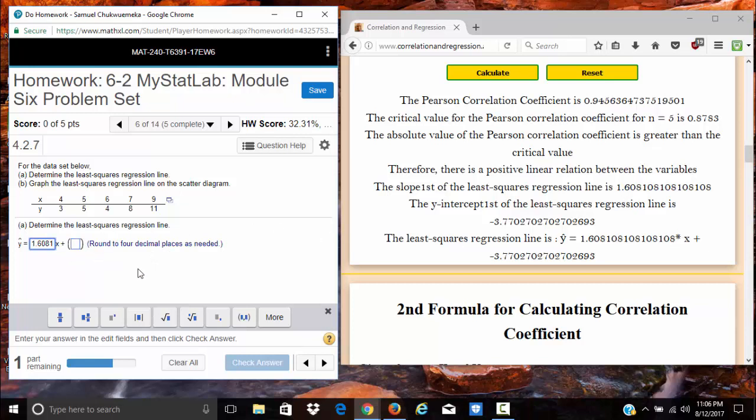1.6081. As needed, meaning if it is greater than 4 decimal places, you make it 4 decimal places. If it is not up to 4 decimal places, then you write it as is. Or if you want, you can still make it up to 4 decimal places. That is what as needed means.